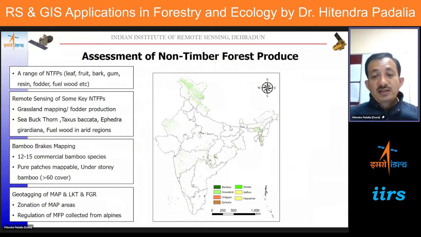In this, a range of optical data at different resolutions, multispectral data, and all such spectral information based remote sensing data are used for their mapping and characterization.